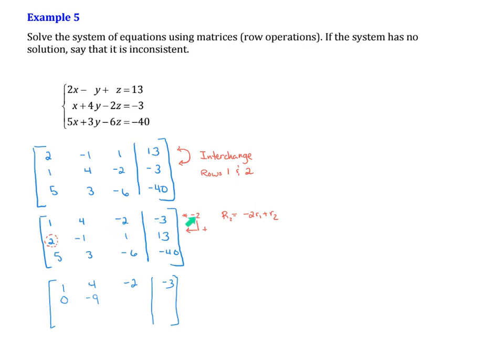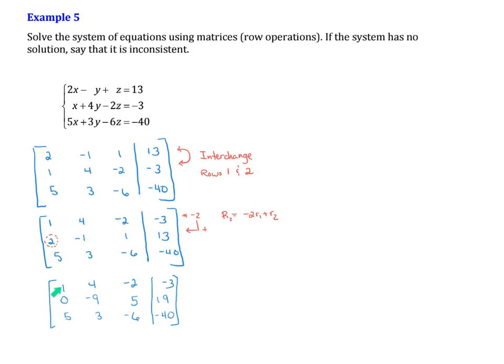Negative 2 times negative 2 is positive 4, plus 1 is 5. Negative 3 times negative 2 is 6, plus 13 is 19. And our third row did not change.